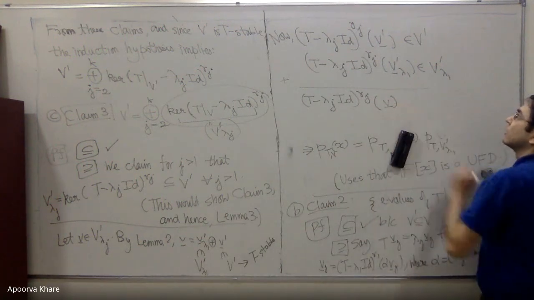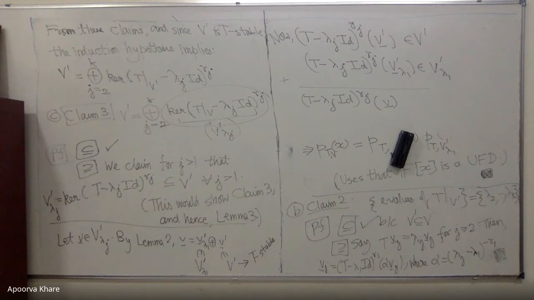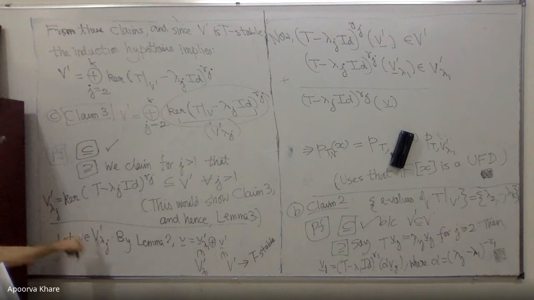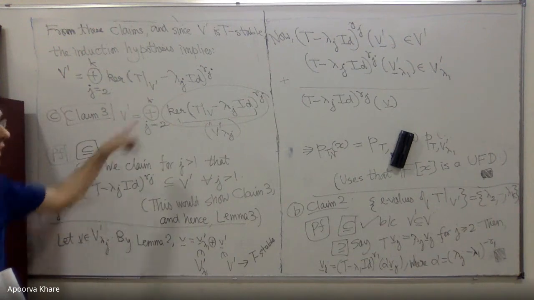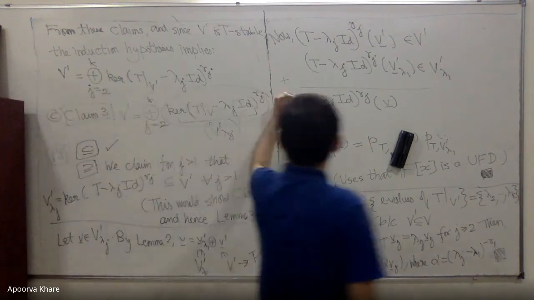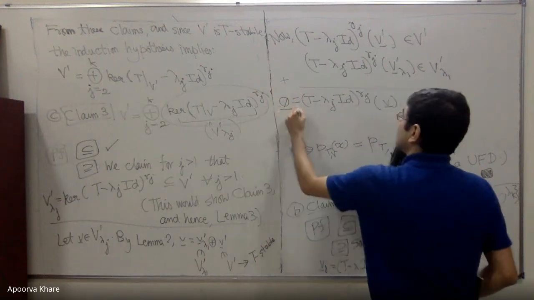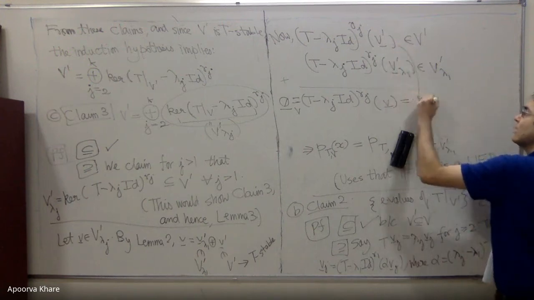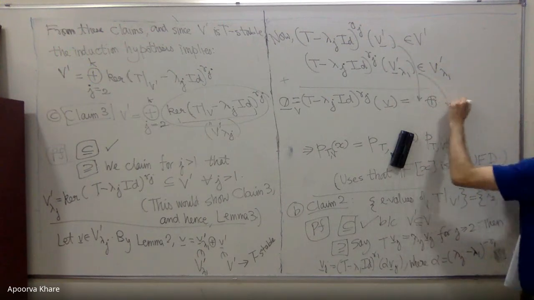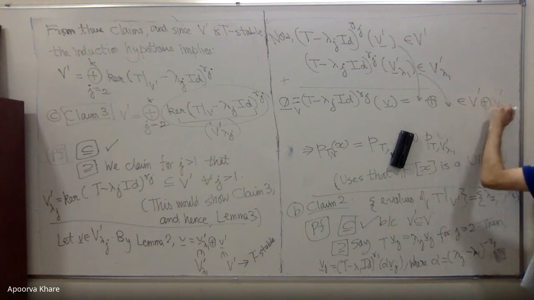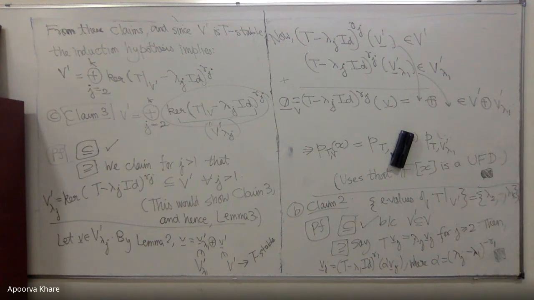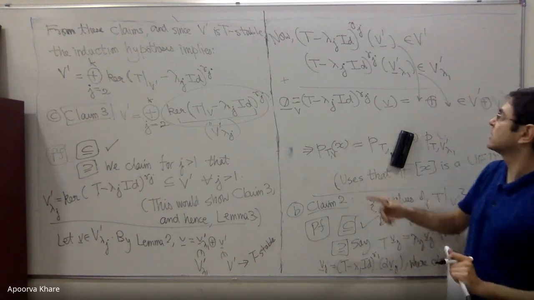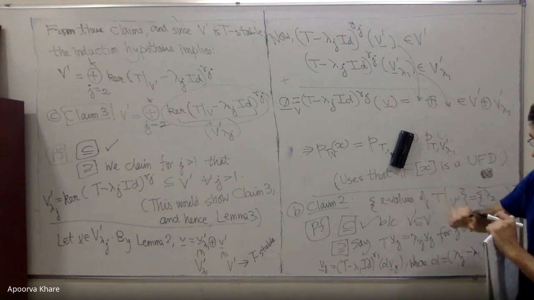On the one hand, v was in V prime lambda j, the kernel of exactly this, so if I apply this map to v, I get 0. And 0 is equal to this guy direct sum this guy, which belongs to V prime direct sum V prime lambda 1. But how can the 0 vector belong to a direct sum? I think you guys know this. Both the components must be 0. That means this vector is 0 and this vector is 0. Okay.